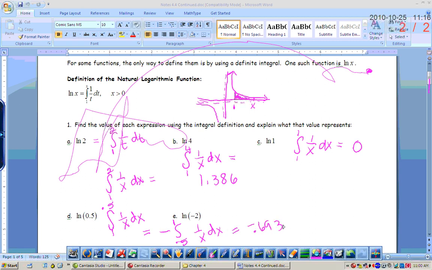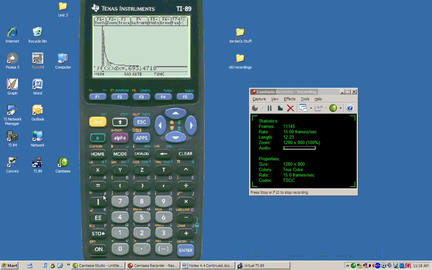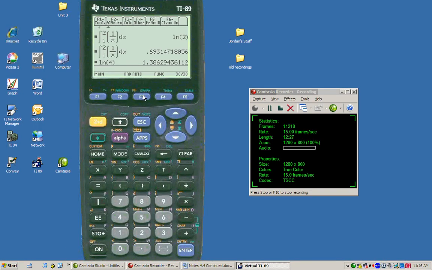Okay. However, the easiest way is probably to just do it on the home screen. I just wanted to demonstrate graphically what's going on there. On the home screen, you can just do 1 divided by x, comma x, comma 1, comma 0.5.